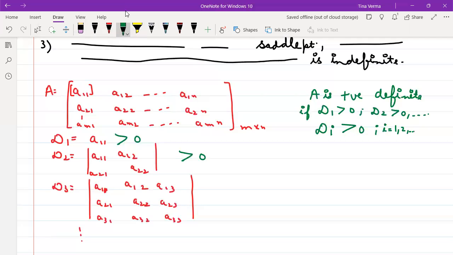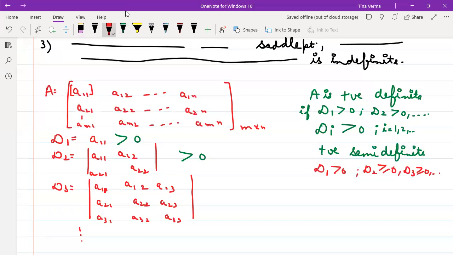And when do you say it is positive semi-definite? When you have D1 greater than 0, D2 can be greater than or equal to 0, D3 can be equal to 0. That you say is positive semi-definite.